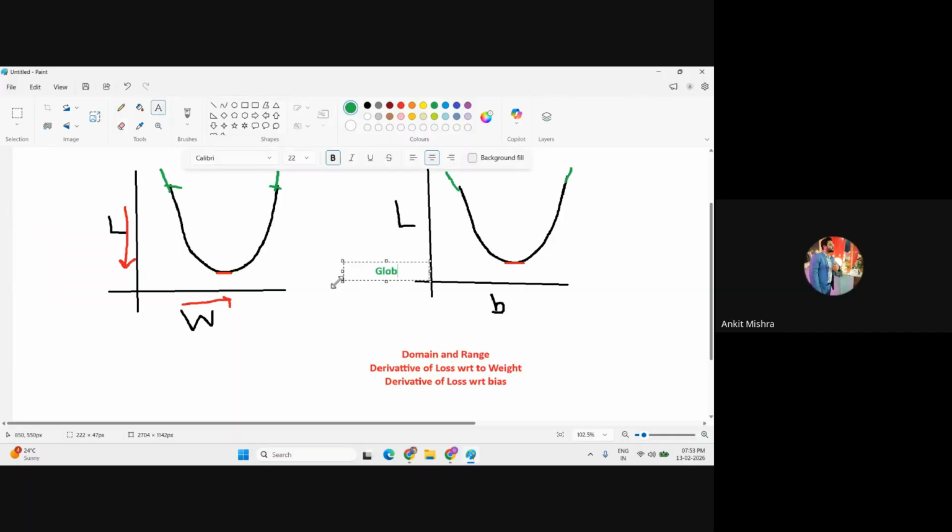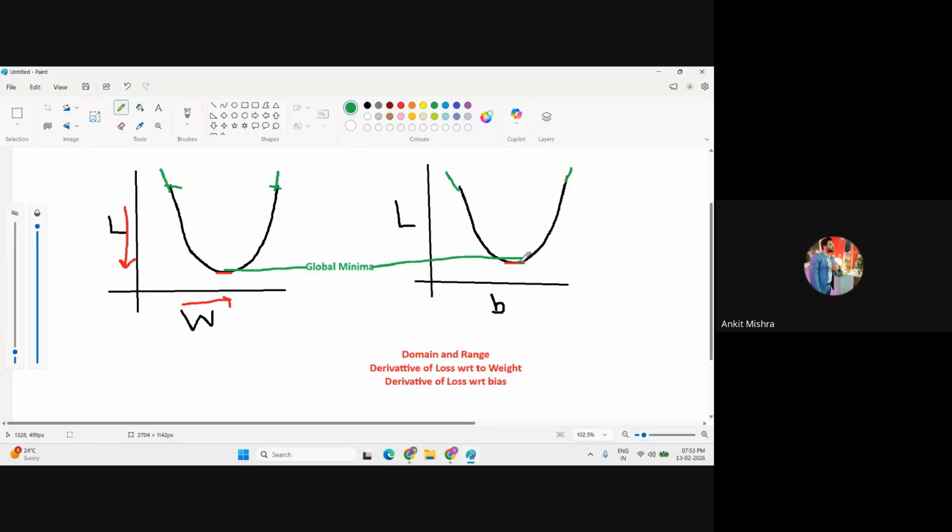So let me write this global minima, and the global minima is something like this, where the function gets the minimum value. This one is the global minima, and this one is also the global minima, right? At this point, the function is getting the minimum loss. It's not zero loss. The minimum loss could be anything, right? But on this overall function curve, we are getting the minimum loss here.